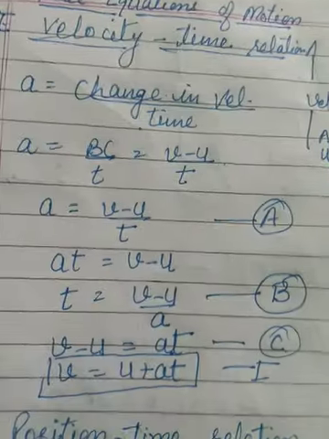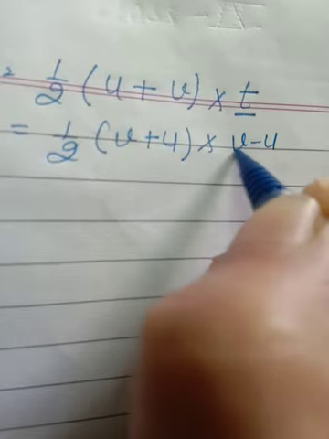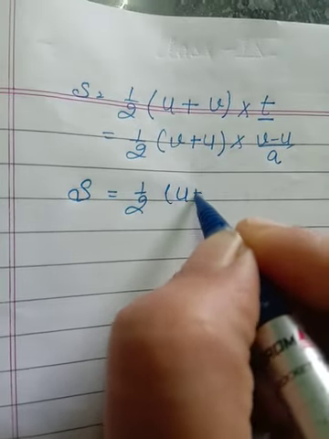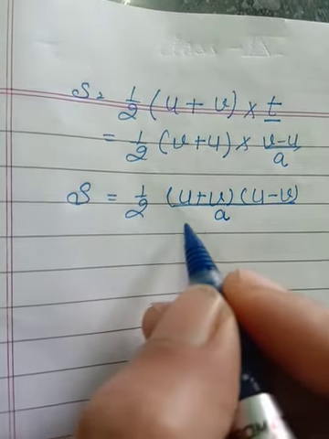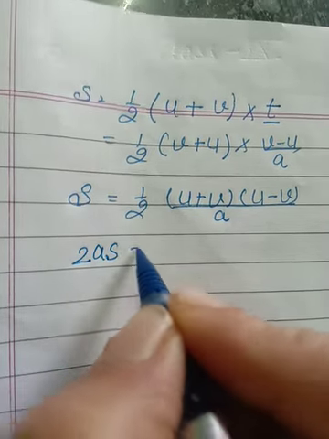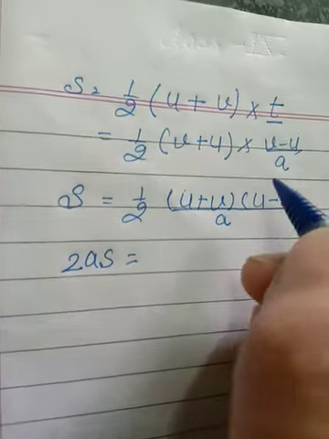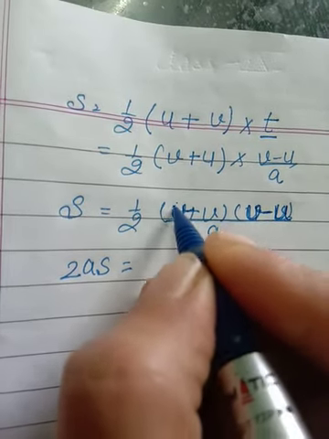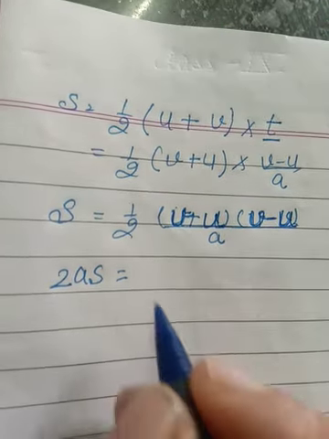From equation B, T equals V minus U upon A. We put this value of T. So S equals half into V plus U into V minus U upon A. Transposing 2 and A to this side, it will be 2AS equals V plus U into V minus U. This becomes the identity A plus B into A minus B, which is A square minus B square.